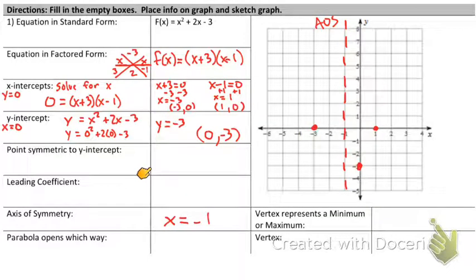So what point is an exact copy across the axis of symmetry? That point is here. It's the copy of the y-intercept, and that point is negative 2, negative 3.